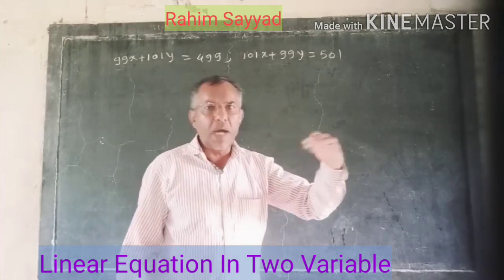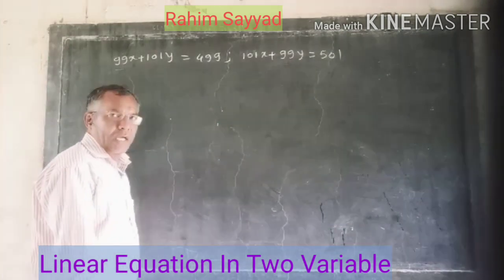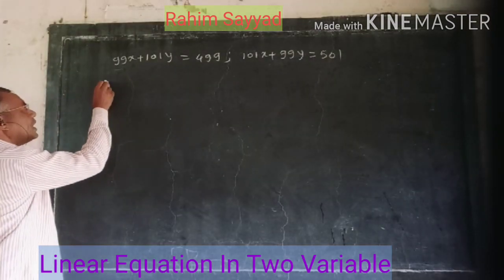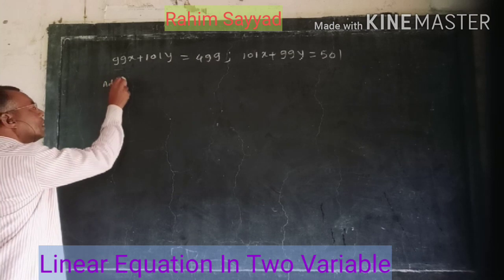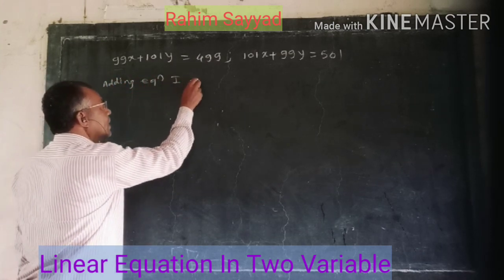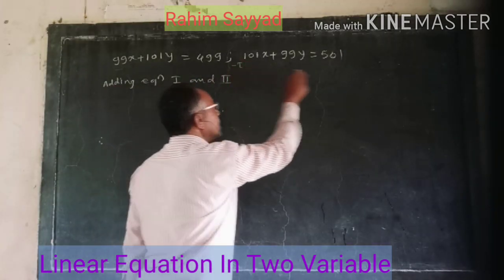Now, step by step, we can solve the example. At the first step, you have to write: adding equation 1 and 2. This is equation first and this is equation second.